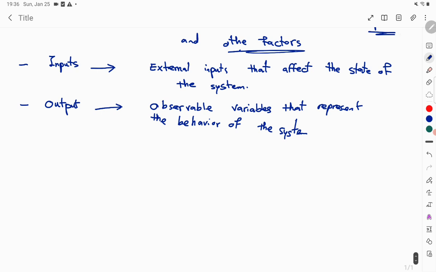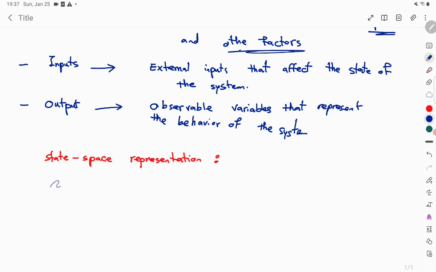But now, if we want to describe a state space representation of a system, we will have two equations.